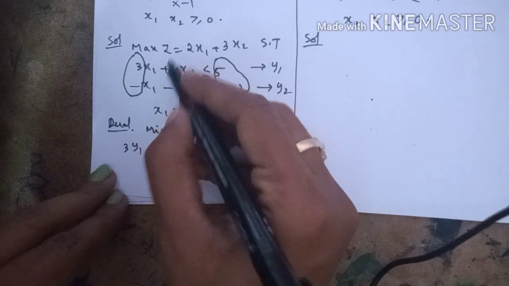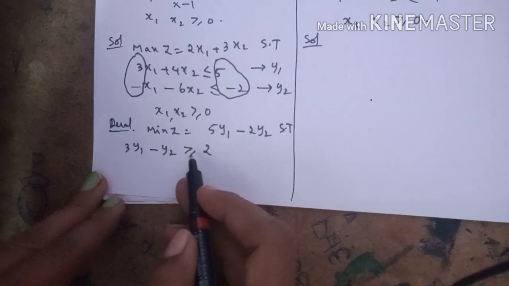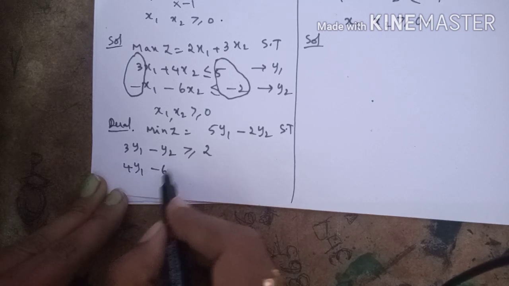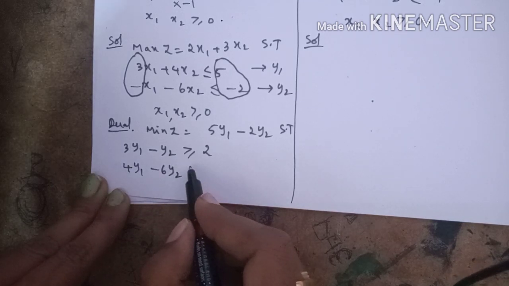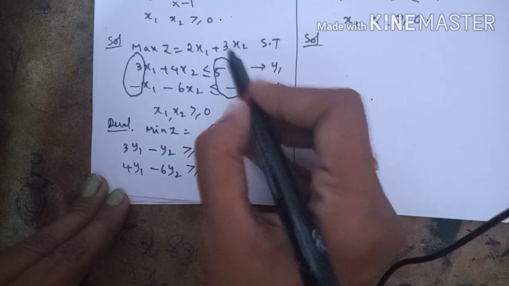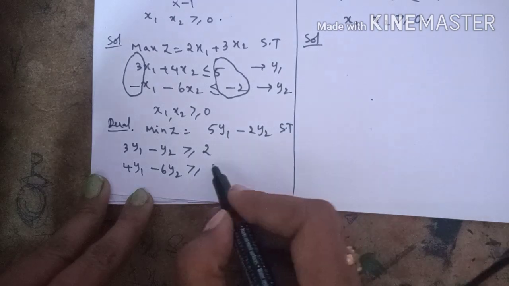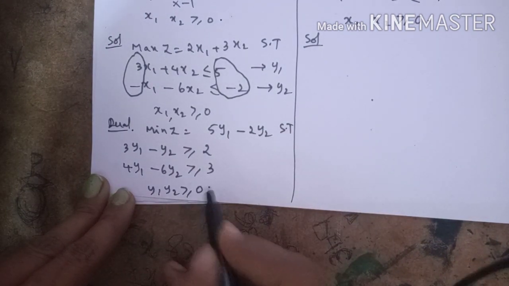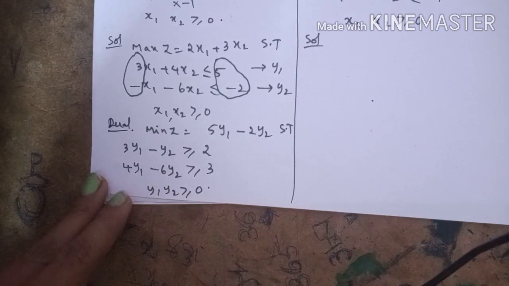In the same way, the second column coefficients will become the second row coefficients. 4y1 minus 6y2, less than or equal to becomes greater than or equal to, the objective function coefficient becomes the right side of the constraint, y1, y2 greater than or equal to 0. This is the dual LPP.